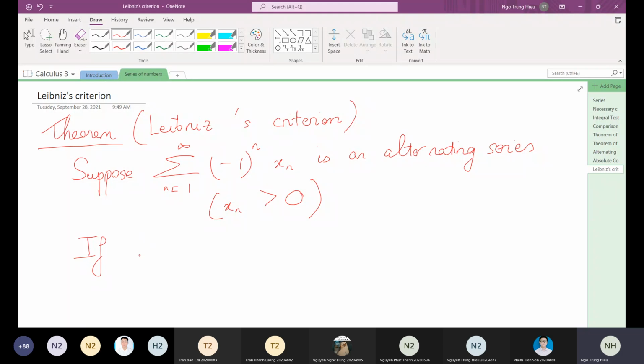If the sequence x sub n, right, is a decreasing sequence, and they go to 0, right?